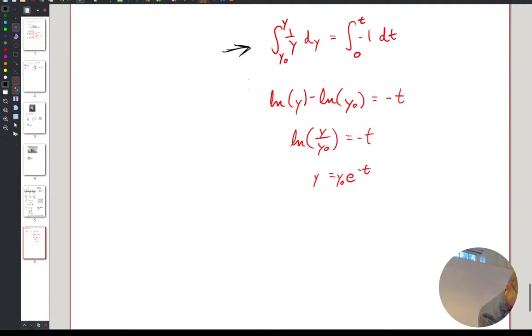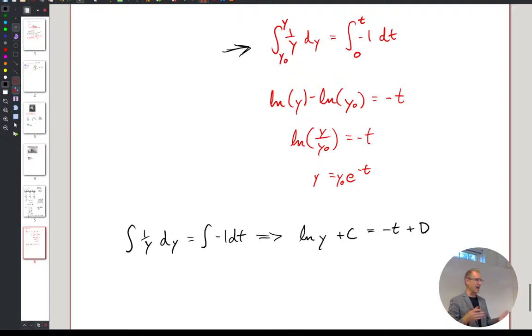Otherwise, if I try to do the integral of 1 over y dy equals the integral of negative 1 dt, the solution is log of y plus c equals negative t plus d. And I could add those two together, get rid of one of them, but say log of y plus c.